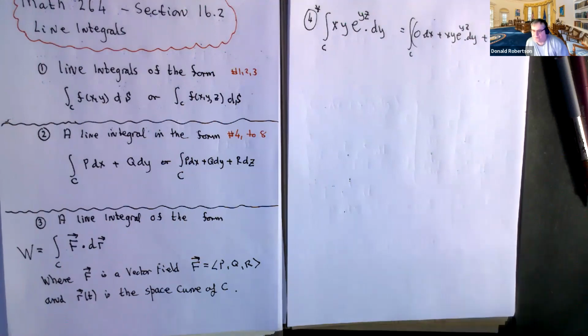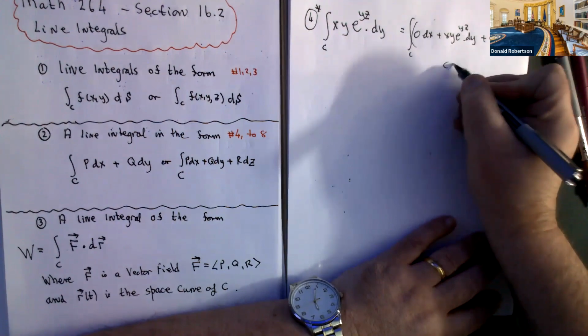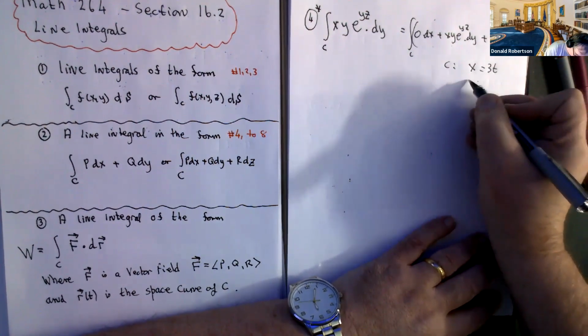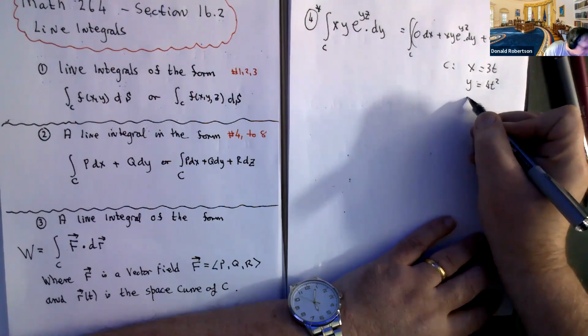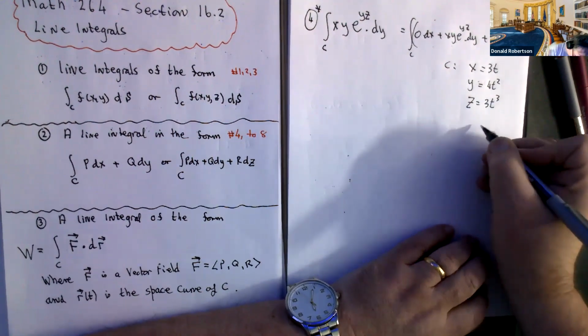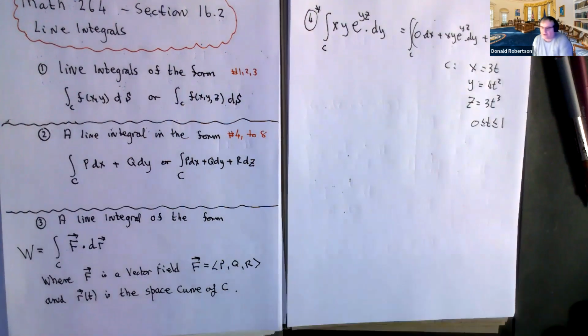Right? Now, we are given a curve, C, and it's 3t, at least in the one I'm looking at. This guy is 4t squared, and z is equal to 3t cubed, and WebAssign has no imagination either because it is 0 to 1.